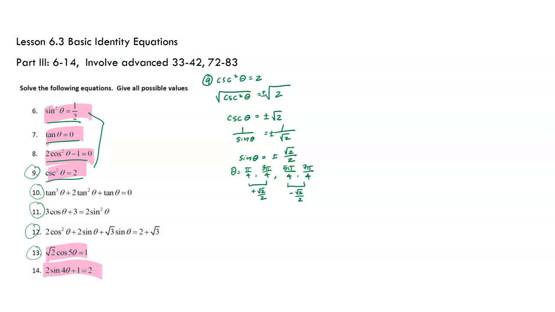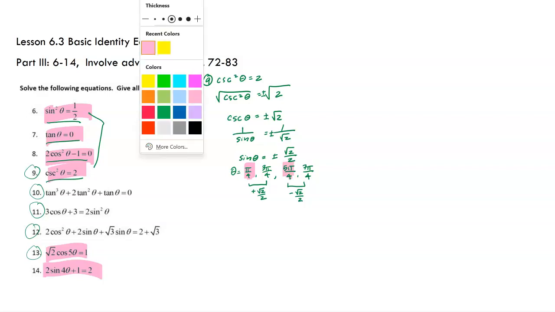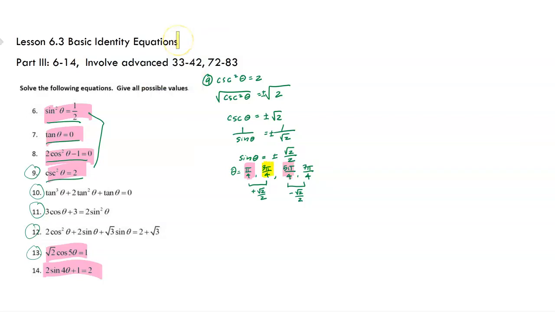So I know that between pi fourths and 5 pi fourths, it's a pi distance. And between 3 pi fourths and 7 pi fourths, it is a pi distance. So I can just make two equations with a difference between them of pi.